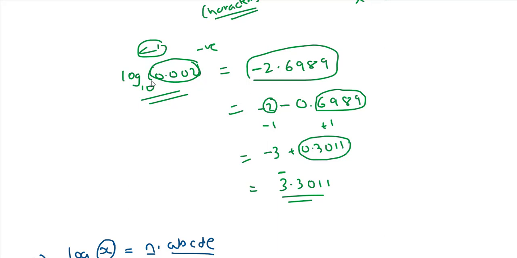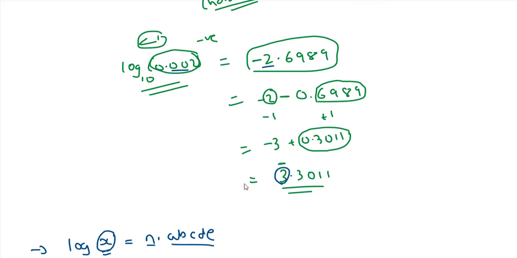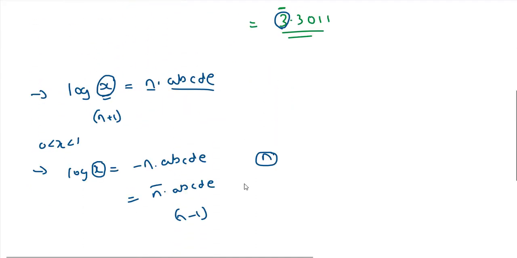So the number of zeros after the decimal point is 2, which is the same as the characteristic. And if we express this value in the bar format, the number of zeros after the decimal is given by n minus 1, which is 1 less than the characteristic. So in this way, you can find the number of digits in a number if you know the log value, and you can find the number of zeros after the decimal point in case of negative logarithm.